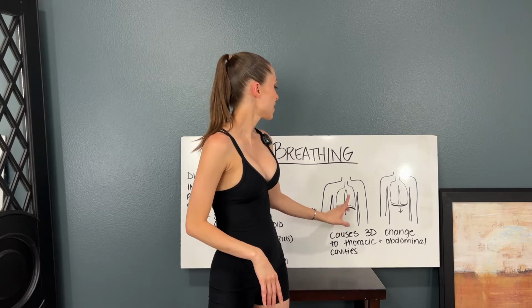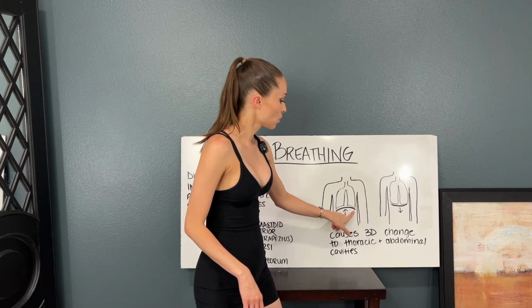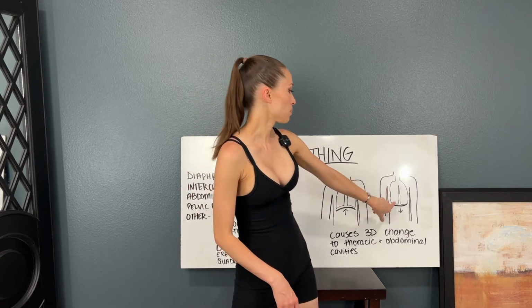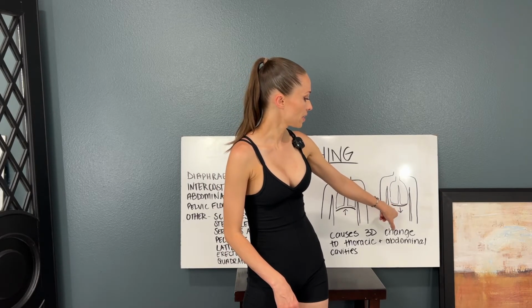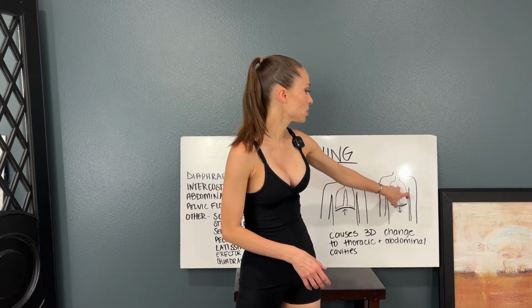And the way breathing works is the diaphragm will contract, and when it contracts, it pulls everything down. When it pulls everything down, it pulls the lungs with it, which creates a negative pressure.